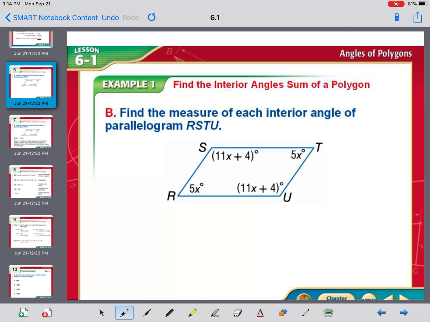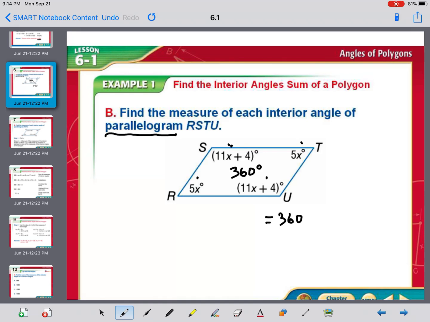Now here's some algebra in our geometry problem. As we have seen many, many times before, you're typically looking for two things that are equal, or 2 or 3 things that add up to something. They first tell us that this is a parallelogram, and they want us to find the measure of each interior angle. Well, one thing I know for sure, they all have to add up to 360 degrees. So the 5x and the 5x and the 11x plus 4 and the other 11x plus 4 have to all add up to 360.